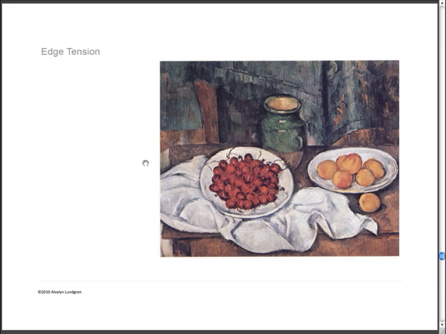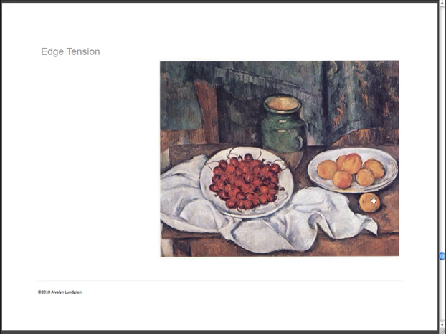Edge tension. This is Paul Cézanne. When we put forms, shapes, in a touching relationship, as in here and in here, we automatically flatten space. Remember in our shape relationships that shapes that touch each other and don't overlap will be perceived as being on the same visual plane.